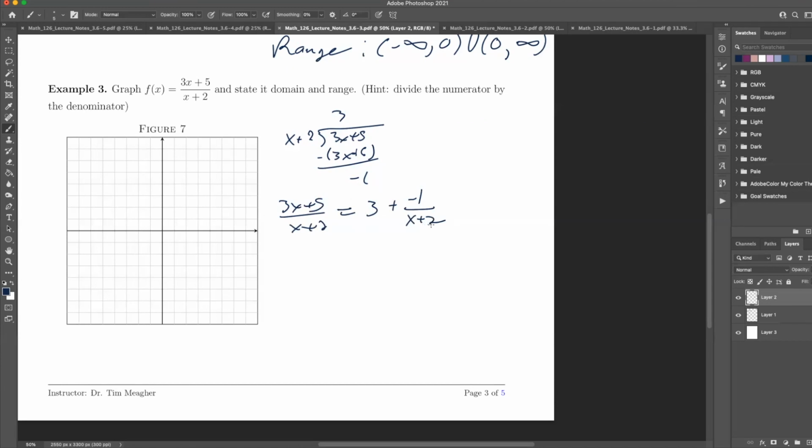We only did it once, but this is one of the reasons you would want to write it this way. So this is a lot easier to write, right? Let me rewrite this one more time, just for kicks. So I'll have minus 1 over x plus 2 plus 3. And so what's happening? Nope, I want to write this bigger.